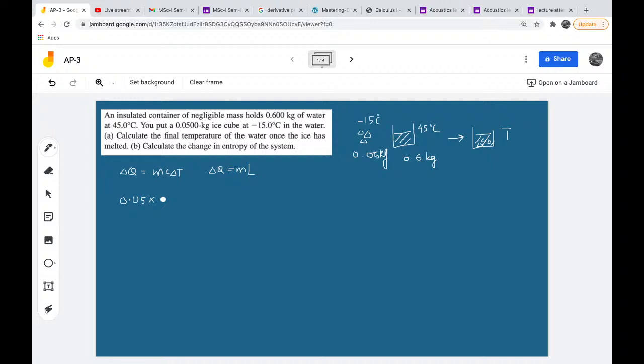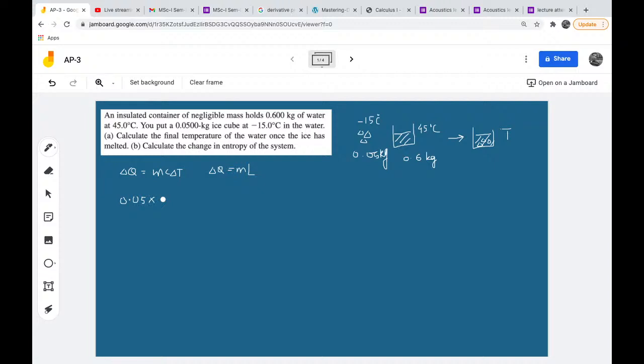Remember, the specific heat of water is 1 calorie per gram. For ice, I think it's slightly more than 1 calorie, 1.1 or something, but here I will ignore that difference. If you want to be more specific, you can recalculate. So I will take the specific heat of ice the same as the specific heat of water.